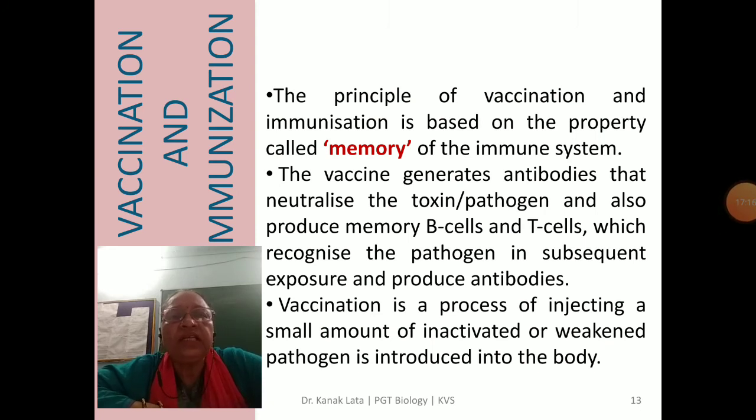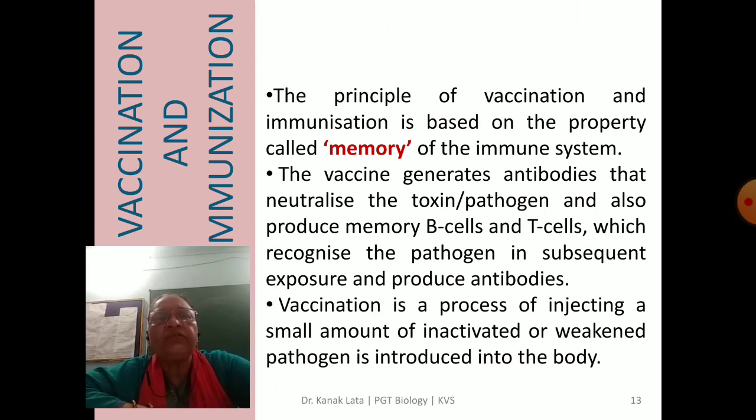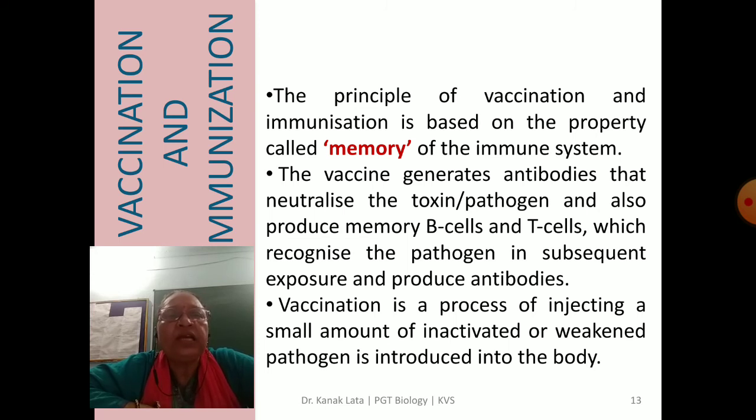Next is vaccination and immunization. What is vaccination and immunization? The principle of vaccination and immunization is based on what we have discussed, the memory of the immune system. The vaccine given from outside generates antibodies that neutralize the effect of the toxin or pathogen, and it also produces memory B cells and T cells.